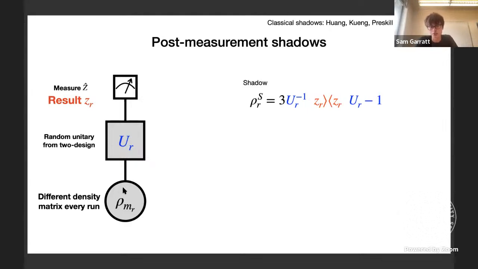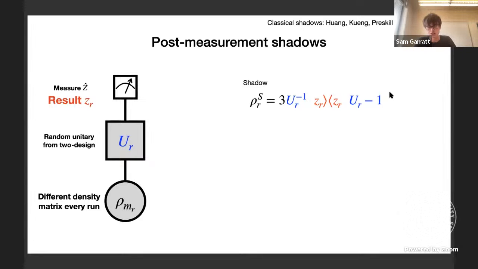What we could do is take all these different rho_MRs, apply unitaries to them, and then measure them, and in this way construct a large number of shadows corresponding to the same rho_MR. Now, a shadow is defined, well, the actual expression in terms of U and Z isn't all that important.